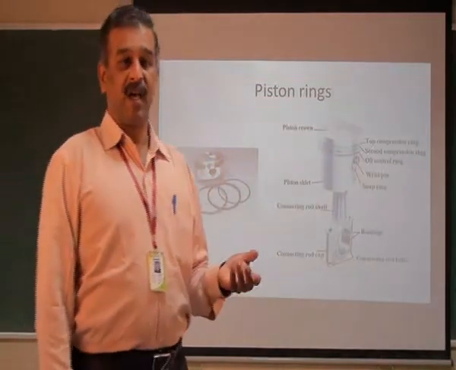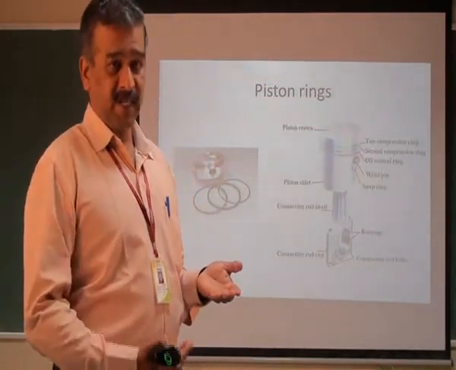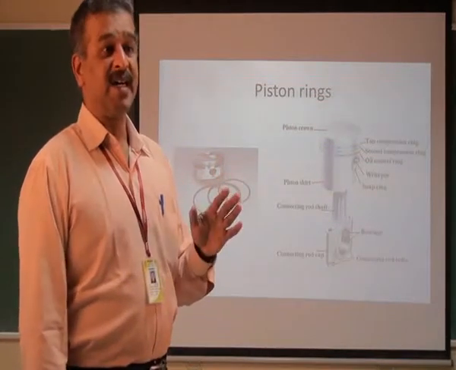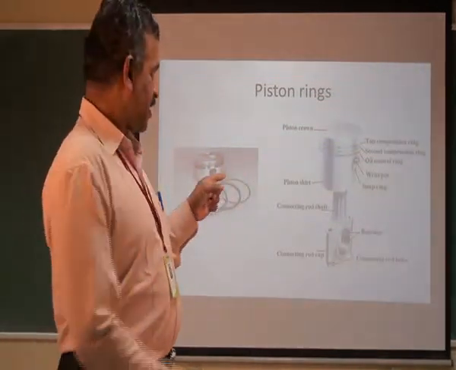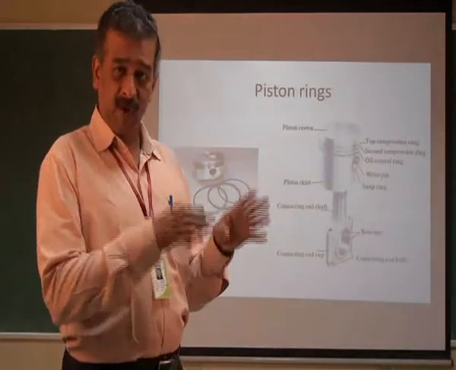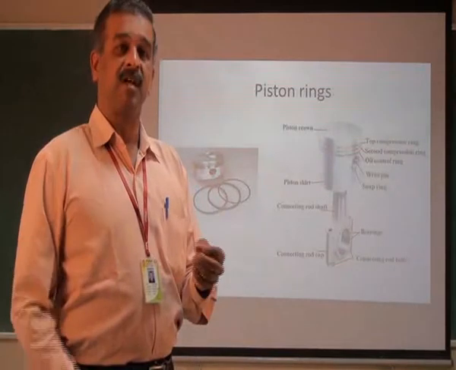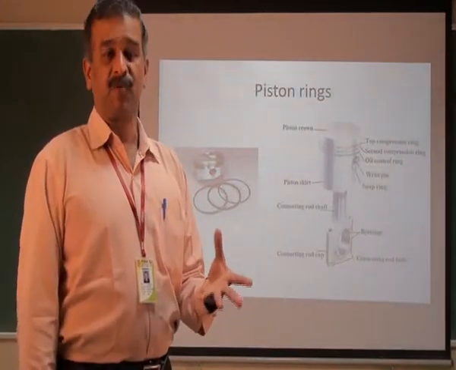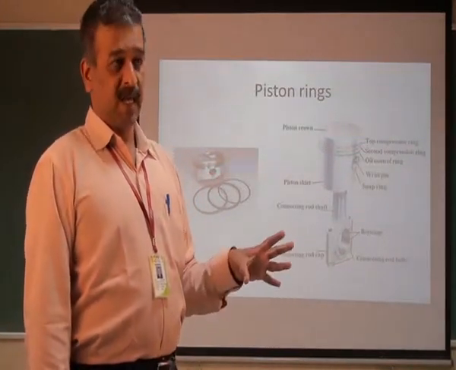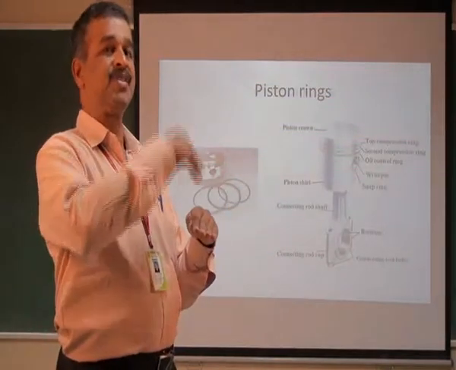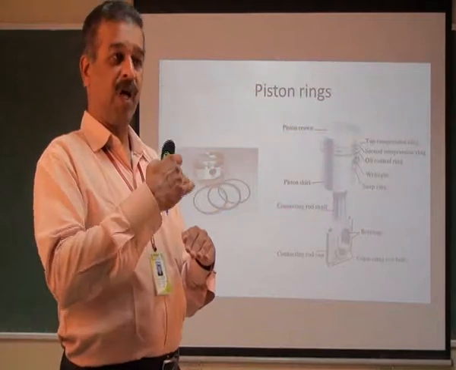Where comes the oil? I told about the lubrication of the entire engine. That lubricates the friction making components, that's the piston and walls of the cylinders also. The walls of the cylinders are being splashed with lubricating oil. That splashing should not go above the piston.